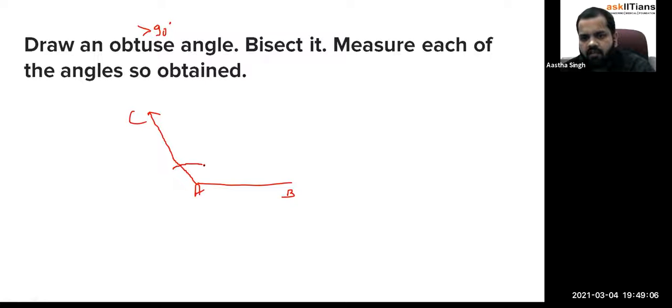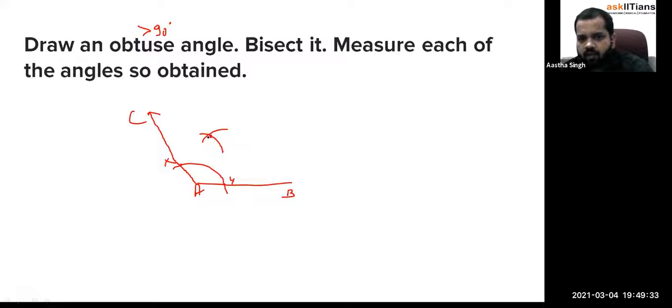Taking any arc, the steps will be the same. Any arc, suppose this point Y and this point X, with any radius. Put your compass at point X and take more than half of XY, with an arc of the same radius, and with Y as center, make an arc like this.